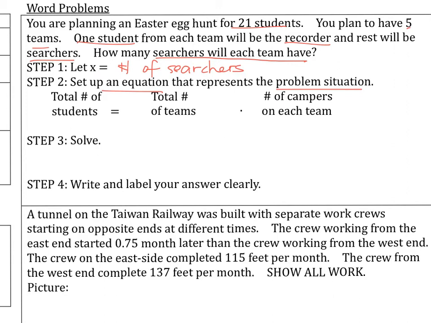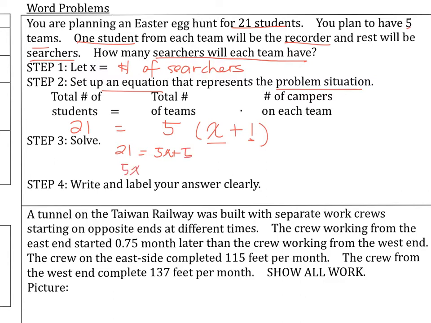There are a total of 21 students, and we would like the total number of teams to be 5. We're going to have to multiply that by x, our number of searchers, plus 1, which represents the recorder. And after we solve this, 21 equals 5x plus 5.